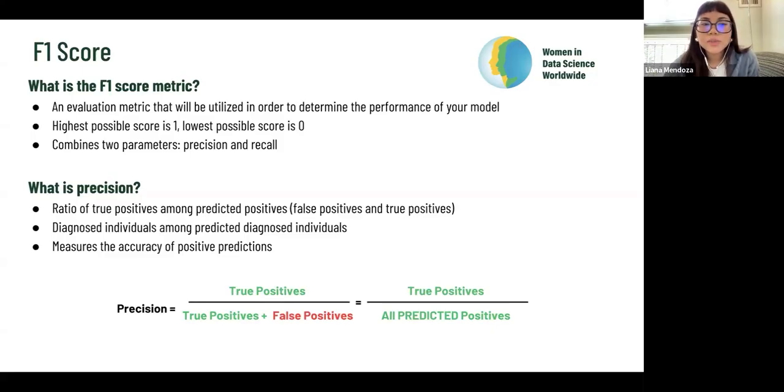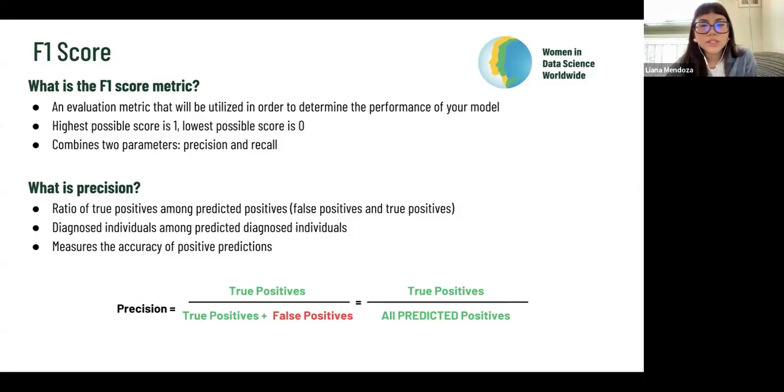So first, what is precision? Precision indicates the proportion of true positives among predicted positive cases. In the case of our datathon, this indicates the ratio of individuals truly diagnosed with ADHD among the predicted diagnosed individuals.